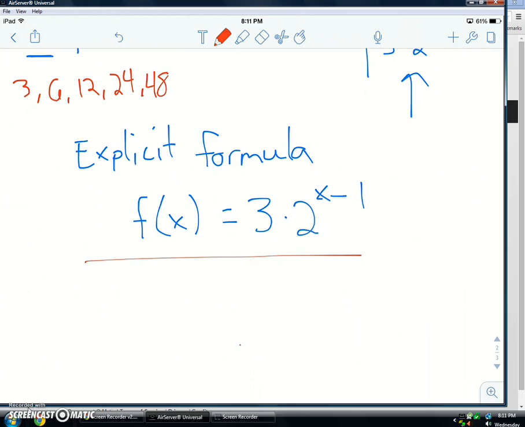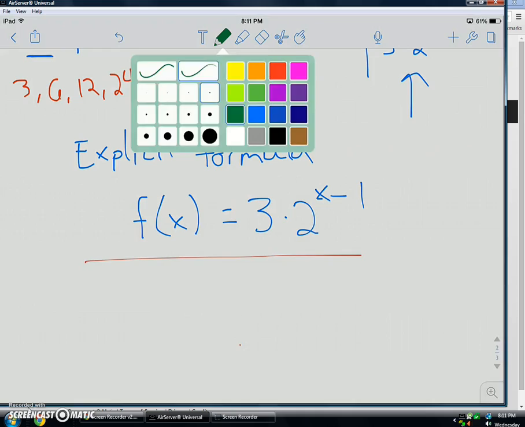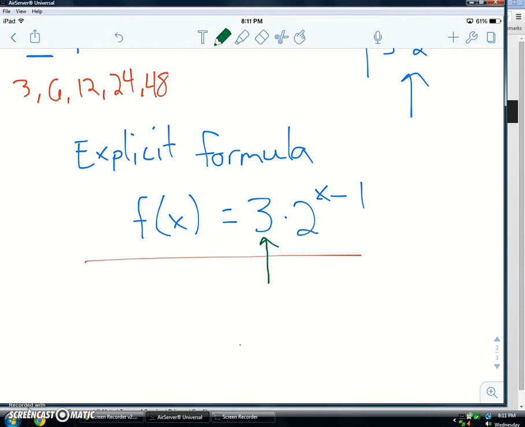Okay. Now if we look at our explicit formula, I'm hoping you're noticing two things here. First, I hope you're looking and you're saying, wow, there's a 3 right here. And I wonder if just by some ironic chance that matches our initial value, or our initial term. Okay, and that's not by chance. That 3 is always, in a geometric sequence, going to be your initial term when we come up with these explicit formulas.